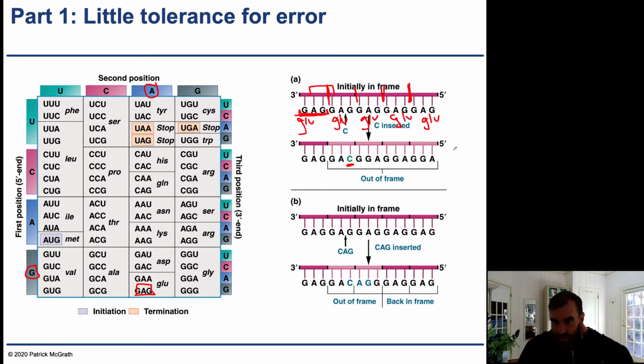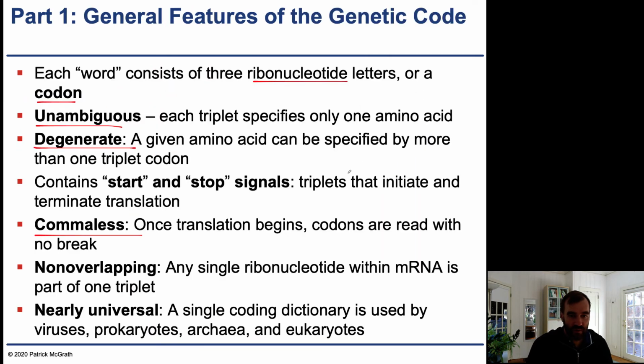The frame is shifted because we have GAG, but now we have GAC, and because we've inserted this, the GAGs that used to be in frame now are out of frame. So now we have GGA, GGA, and GGA. The remaining ones are out of frame. And this is what we mean when we refer to it as commaless.